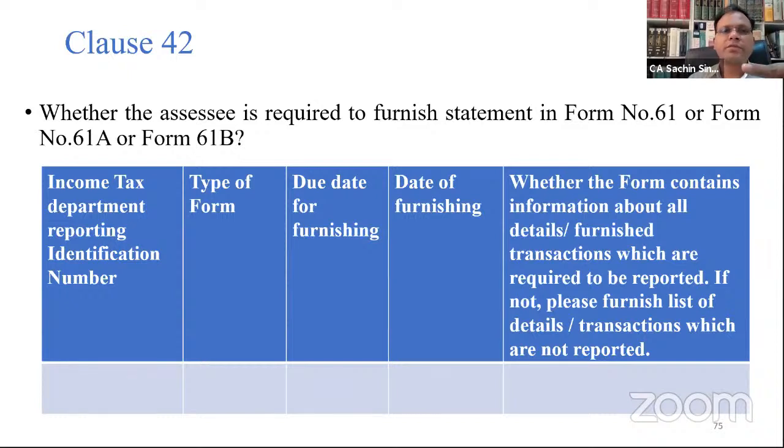And the second, if you have issued shares of 10 lakh or more, then whether your file is auditable or not is immaterial. If you have issued shares and that too more than 10 lakh, in that case that is to be reported. And generally the due date for reporting this SFT is 31st May.